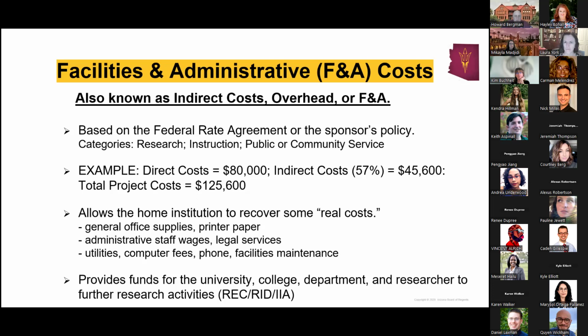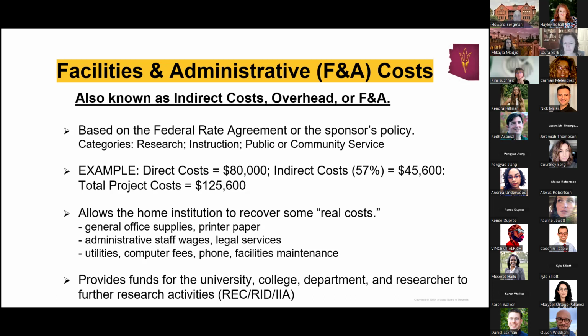So as you can see here, I have an example. Let's say that your direct costs, which is everything that you need to run the project, personnel, salaries and wages, fringe benefits, travel, everything else that goes with it, are $80,000. The federally negotiated rate, let's say this is a government proposal, is 57%.